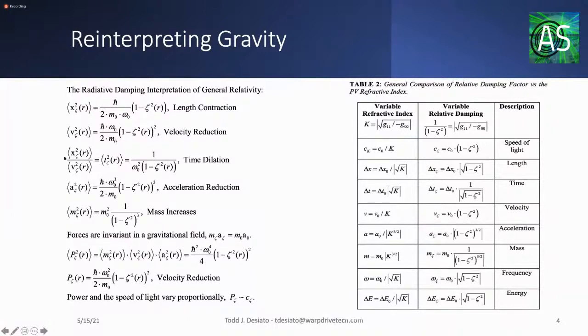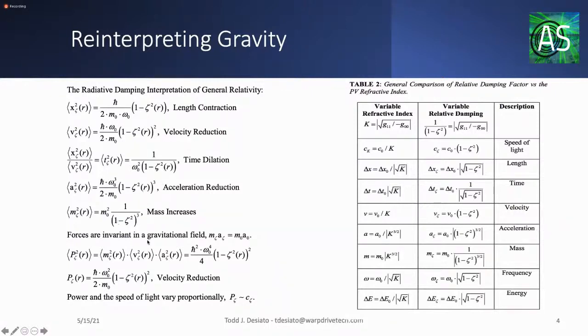This X squared over velocity gives you the mean squared time, the time period. So that gives you time dilation. And A squared, the mean squared of the acceleration, and acceleration is reduced if the damping factor is greater than 1, or it's increased if the damping factor were less than 1.